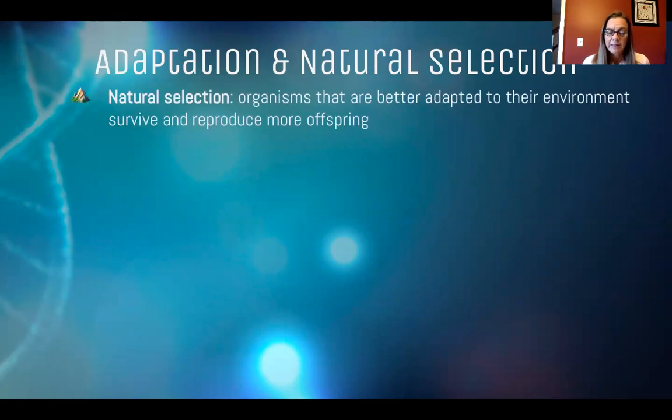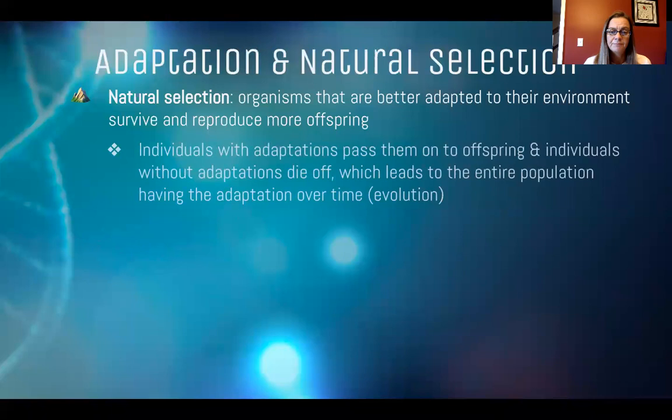So we have the adaptations, this change in the genetic makeup that makes an organism have an advantage. When we have that advantage and then we have natural selection, that means that the organisms that are better adapted to the environment are going to survive, and they're going to reproduce more. They're going to create more offspring because they're more likely to reach adulthood and reproduce.